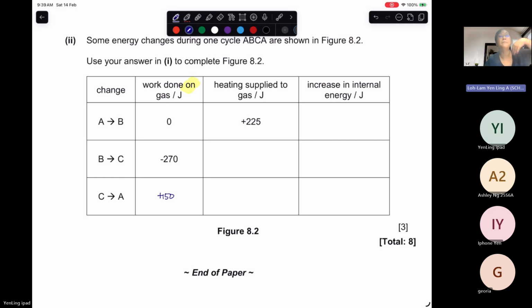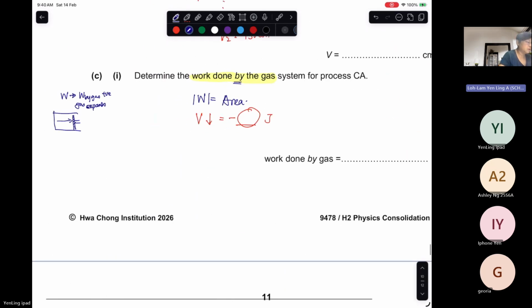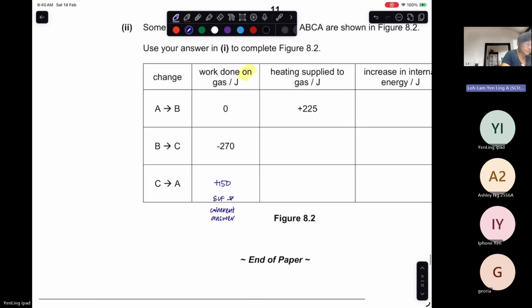If you had quoted me a positive value earlier on, I would expect you to fill in a negative value here. If you gave me also a positive value here, your ECF will be a deduction mark. All right. So there is an ECF mark, but it must be coherent with the answer. The sign and the value must be coherent with the answer in this part because we are marking concept.